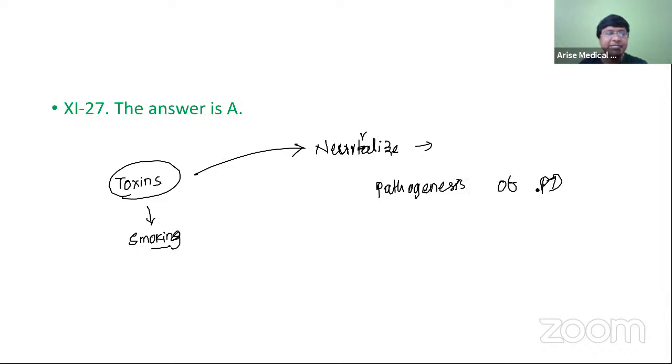In that way, smoking will decrease the risk of Parkinson's disease, right?